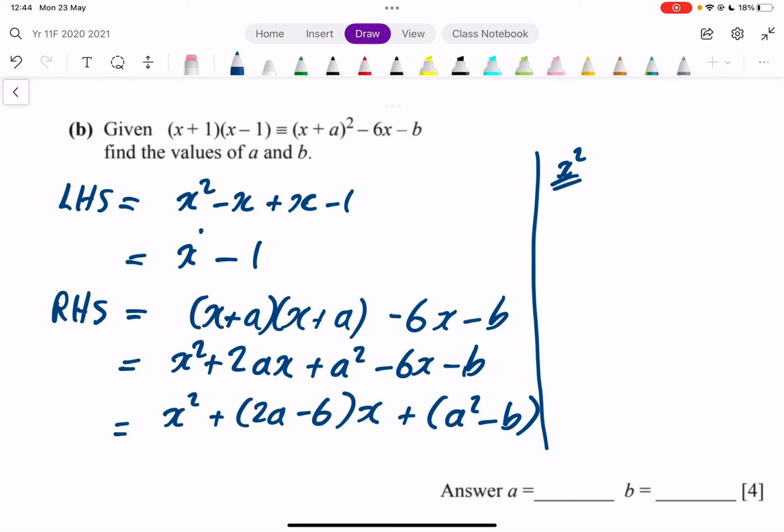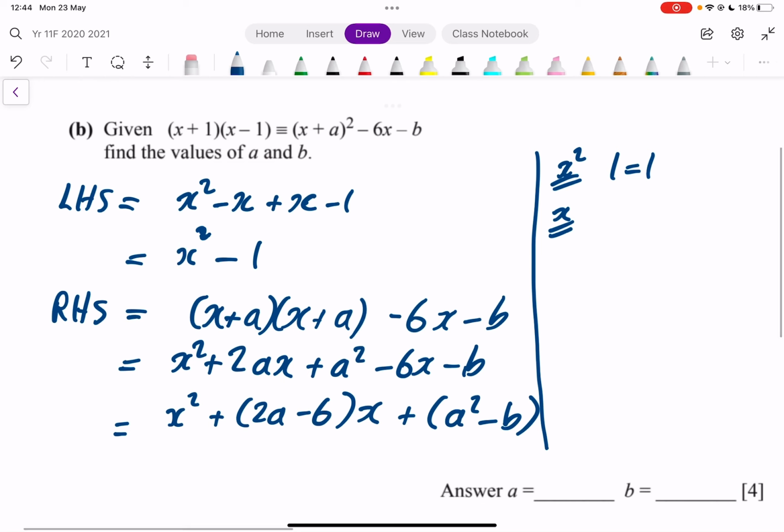So here, if you look at your x² terms, I've got 1x² here and 1x² here, so they're equal. So I've got 1 equals 1, and that hasn't helped me at all, unfortunately. I'm now going to look at my x terms.